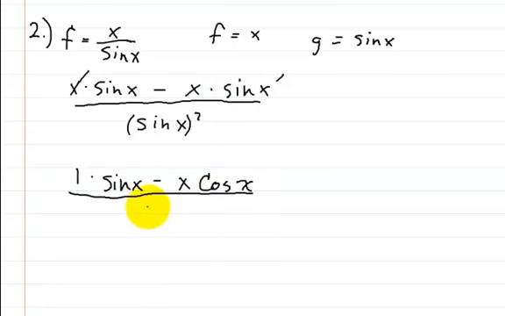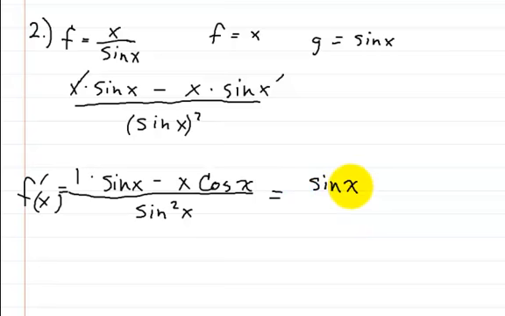And this is going to be all over sine squared of x. So the derivative of f of x is just going to be equal to sine of x minus x times the cosine of x, all over the sine squared of x.